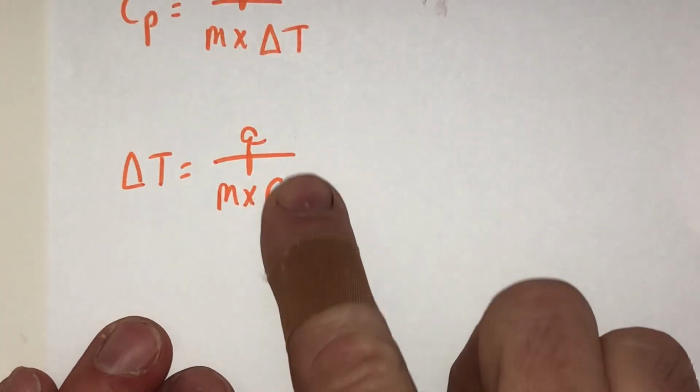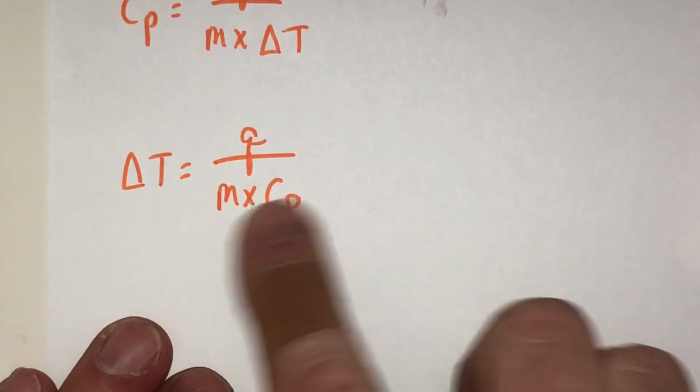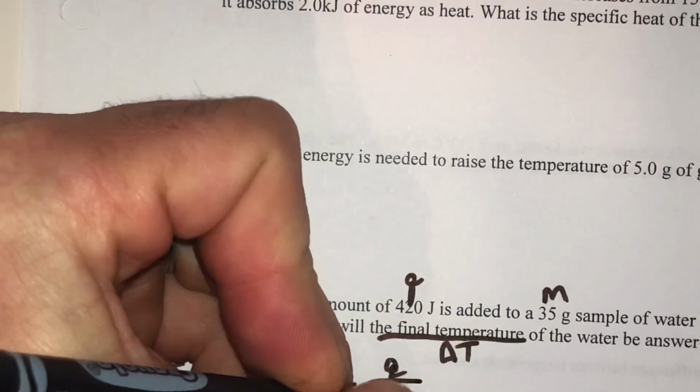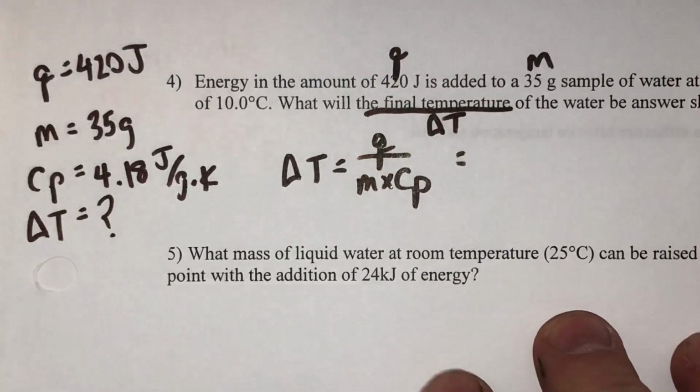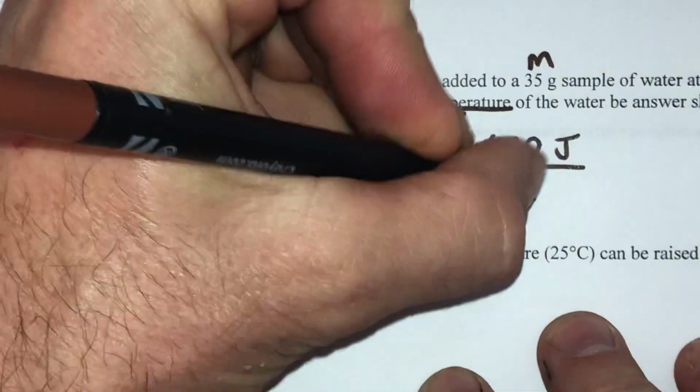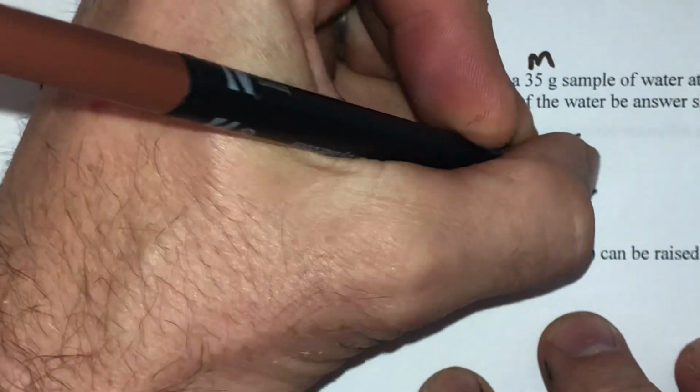So how do we solve for delta T? Remember, we put Q on top over mass and specific heat. Q over mass times Cp. Our Q is 420 joules, our mass is 35 grams, and our Cp is 4.18 joules per gram Kelvin.